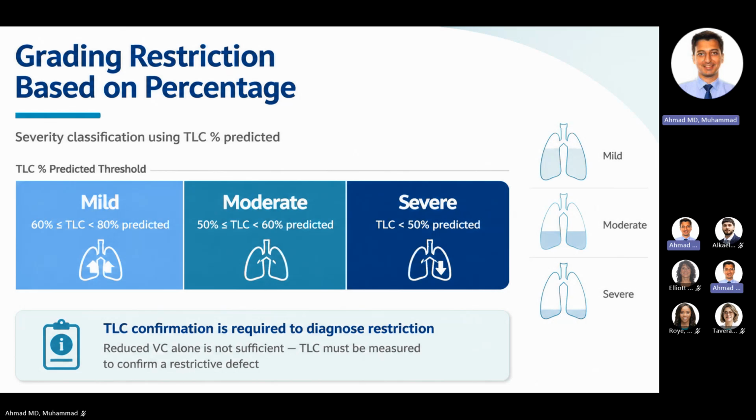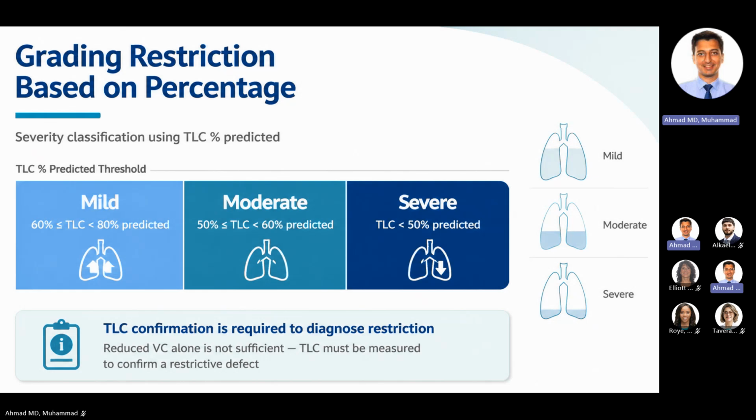How does one grade restriction based on percentage? This is for total lung capacity. Initially, I had talked to you on grading restriction based upon lung volume, based upon percentage on spirometry. This is for measuring their lung capacity. Mild is a total lung capacity between 60 to 80%.